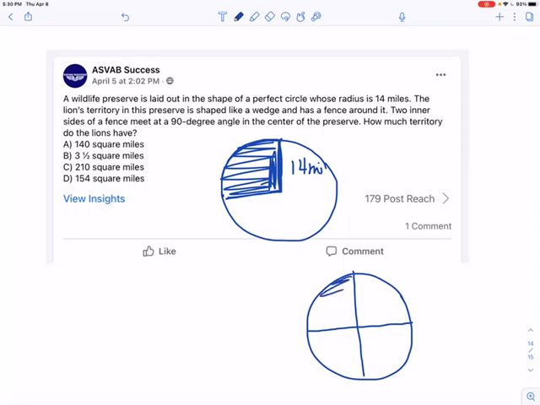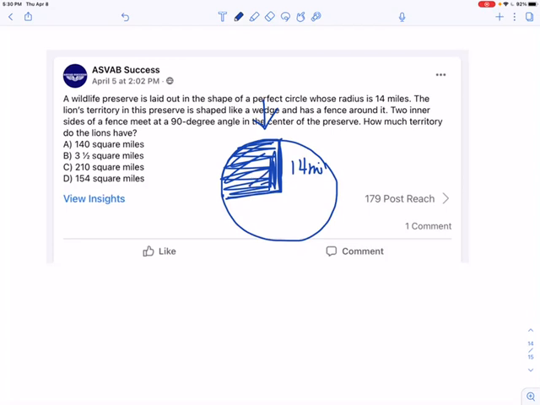So this space right here that has a 90-degree angle is 1 out of 4. So it means this is a fourth, okay? Now, if I want to know how much area this is, I need to find the area of the entire circle, and then I can divide it by 4, so I can know what 1/4 of it is.